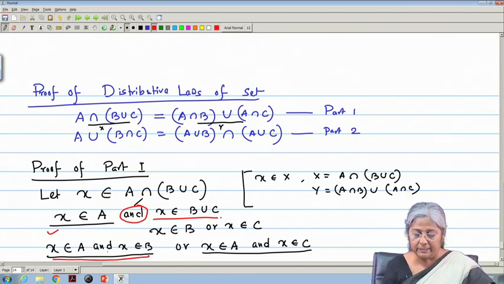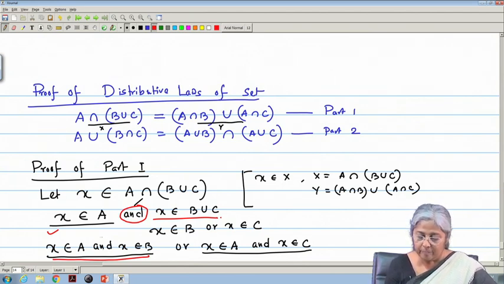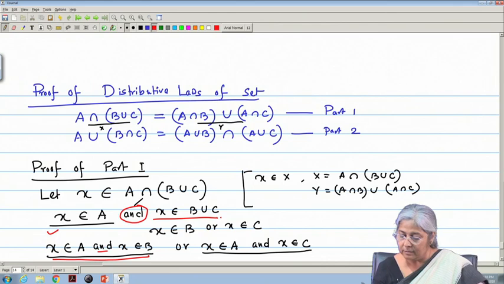Again this is and, this is and, and this is or.